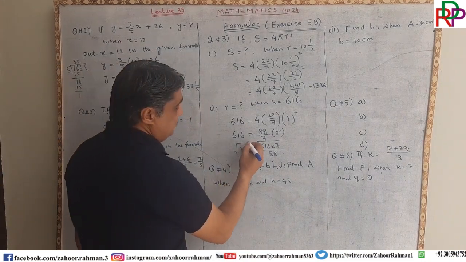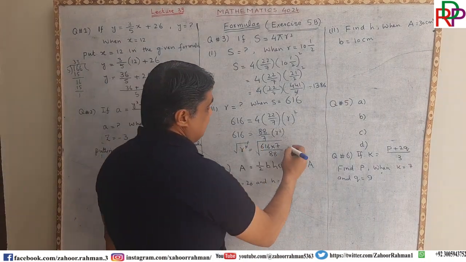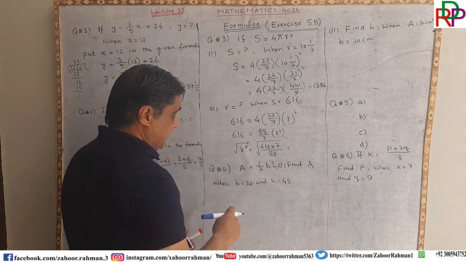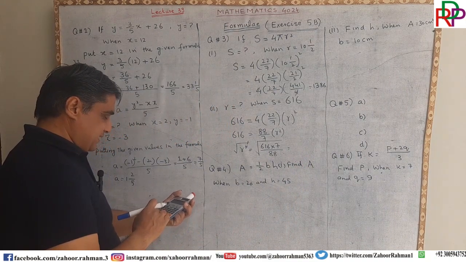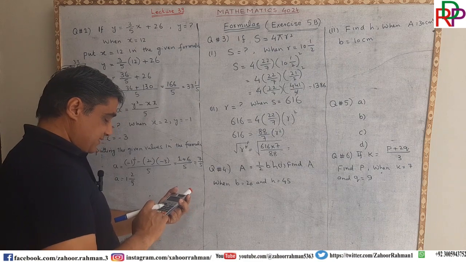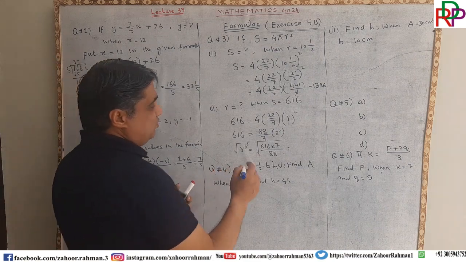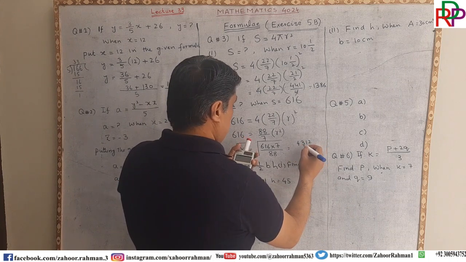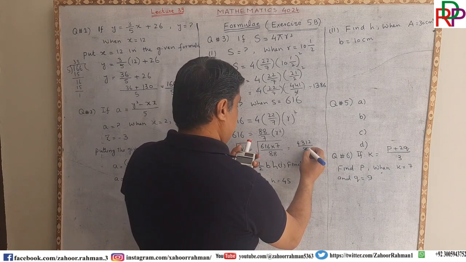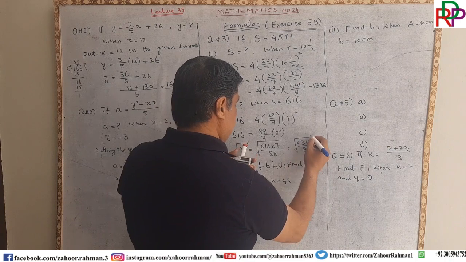So you know that this R will be cancelled with this one, and 616 multiplied by 7 is equal to 4312 divided by 88 under the root.